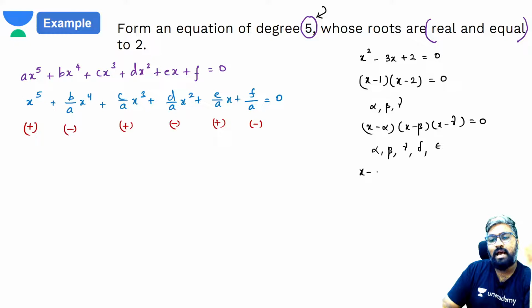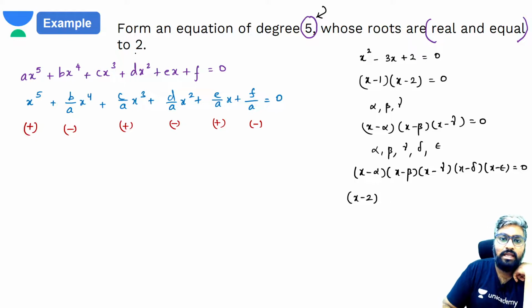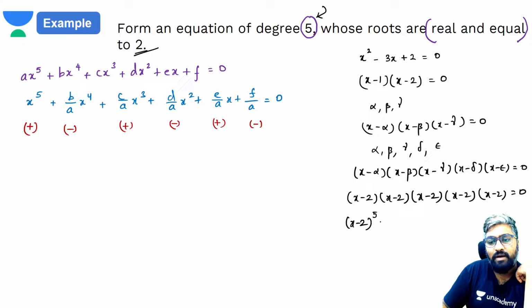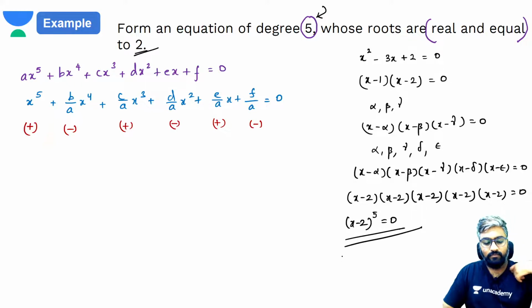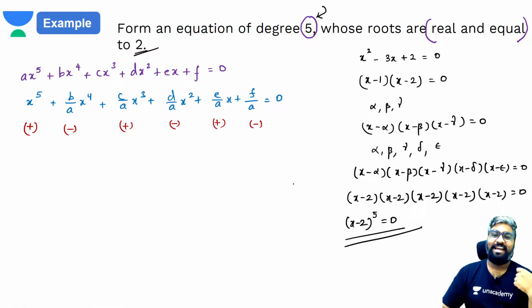So we will have x minus alpha into x minus beta into x minus gamma into x minus delta into x minus epsilon equal to 0, which is nothing but x minus 2 into x minus 2 into x minus 2 into x minus 2 into x minus 2 equal to 0. Or in other words, x minus 2 whole power 5 equal to 0. This is our equation. Getting it?